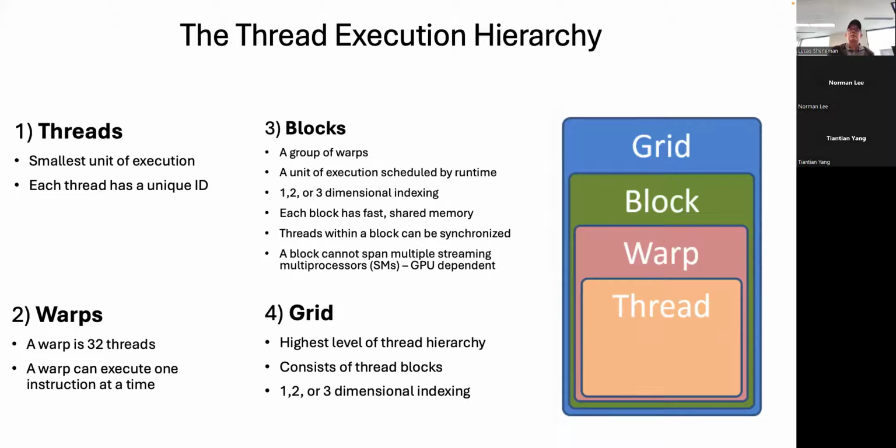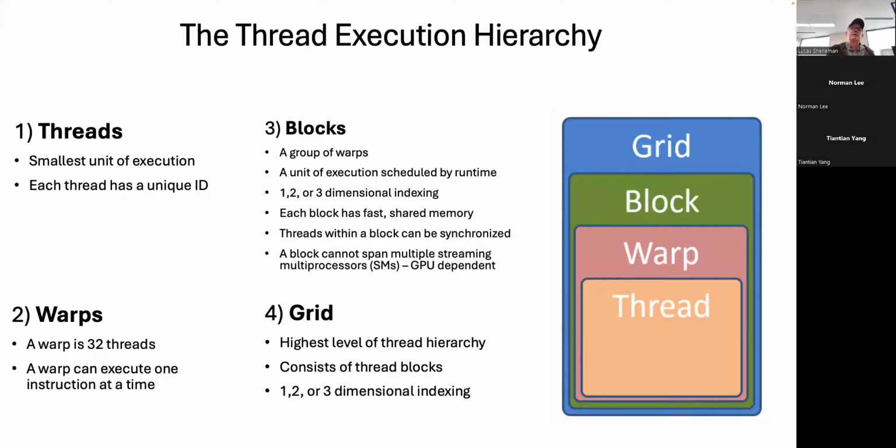Each thread on your GPU, at least within your kernel, and again, I'll define that in a minute, has a unique identifier, right? So you can actually address every thread. Threads are organized into warps, and a warp is 32 threads. And the thing is that a warp can execute one instruction at a time, okay?